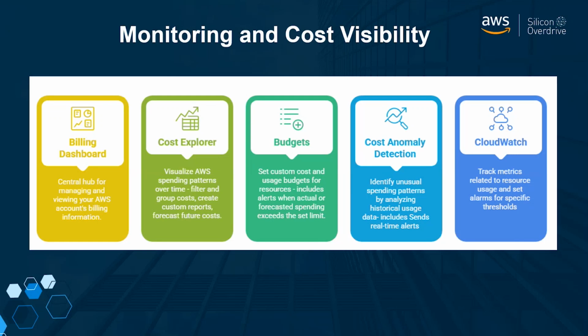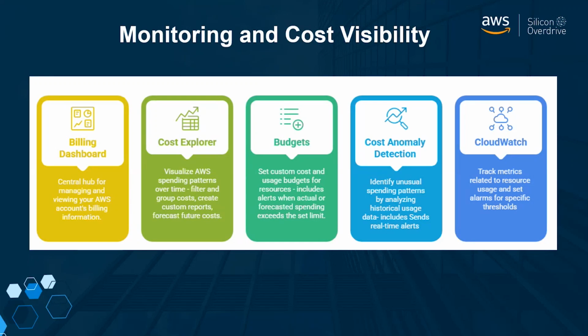Then there are other services that are available to you. The billing dashboard is where you can view the resources that are provisioned in your environment and the associated charge for them. Cost Explorer typically gives you more of a graphical view and a more granular interface, so it allows you to filter based on different metrics and patterns. This is where you can visualize a period of time.